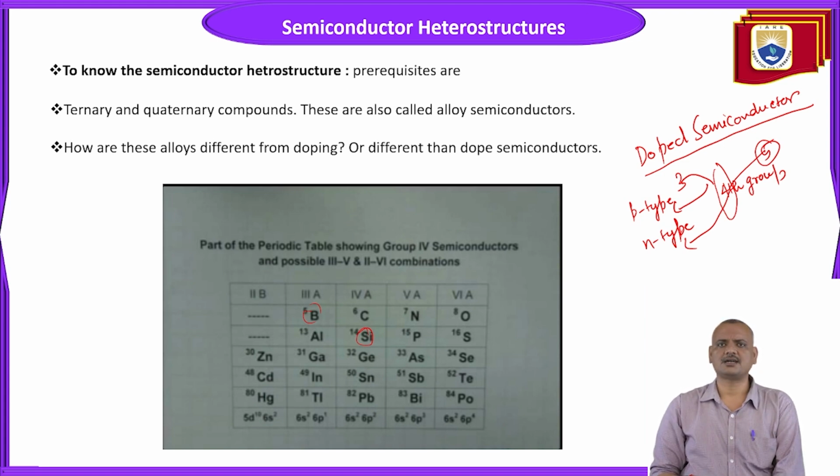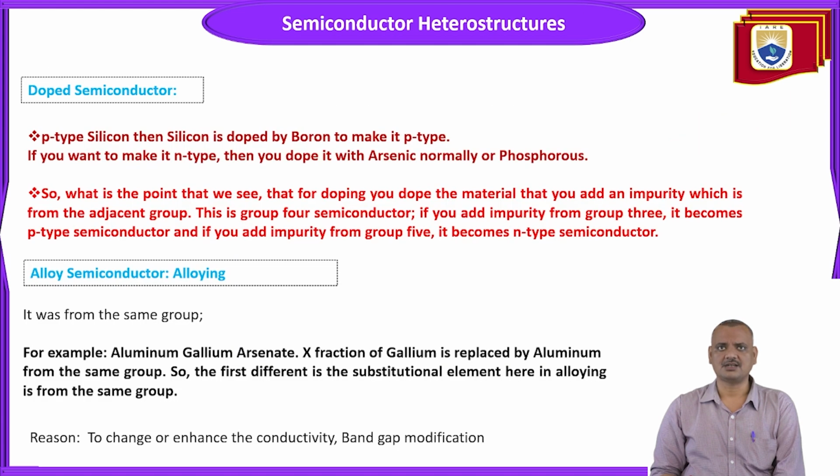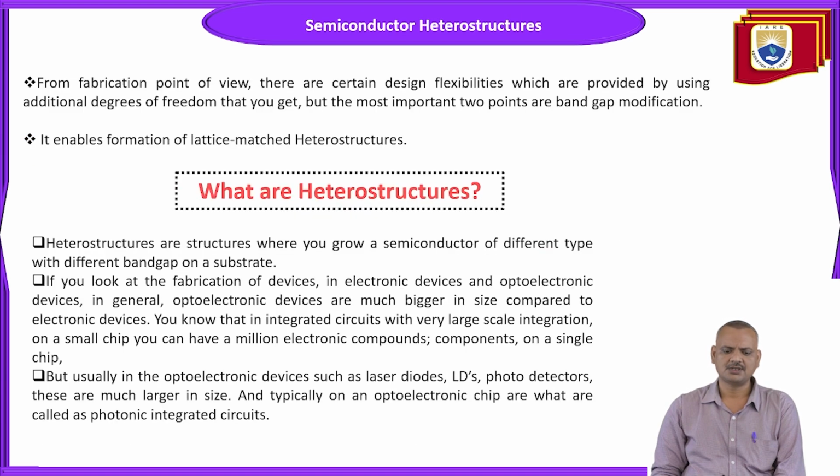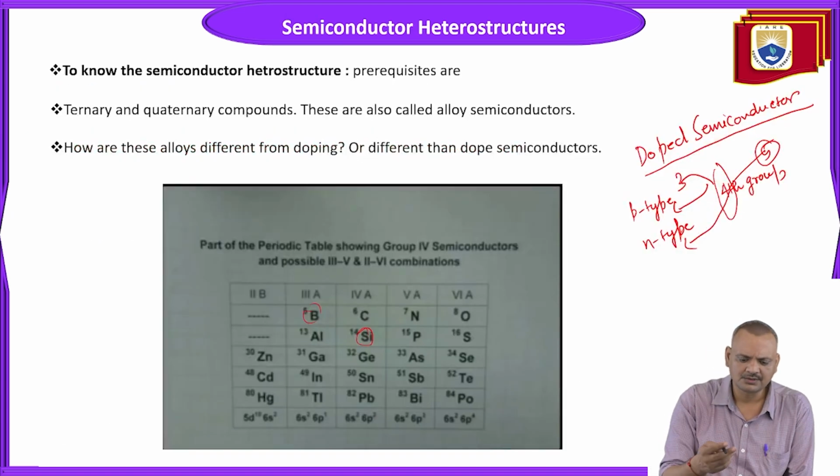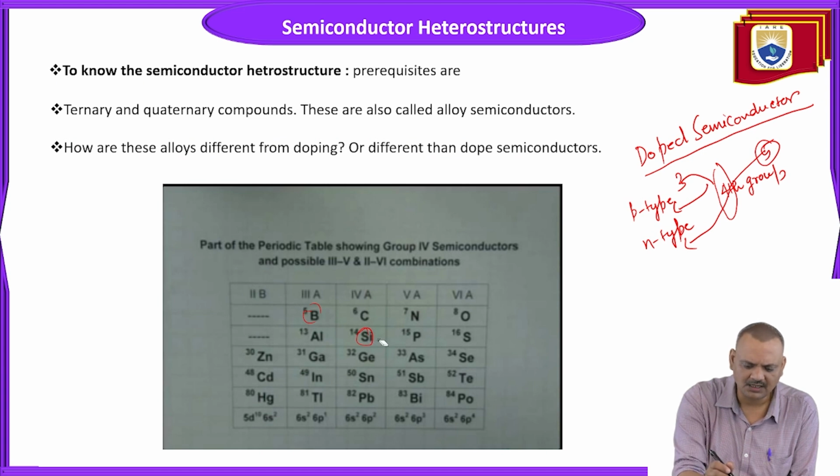So you will get a p-type silicon. If you want to make n-type, then you have to dope with arsenic or normally phosphorus. See here, in silicon you will dope arsenic. This one is arsenic, and this is phosphorus.